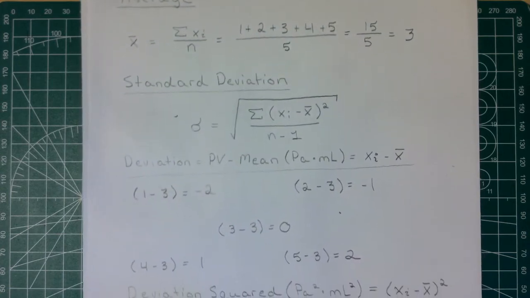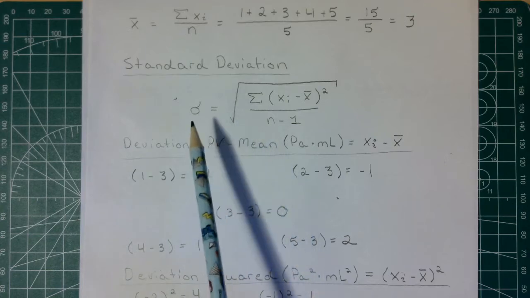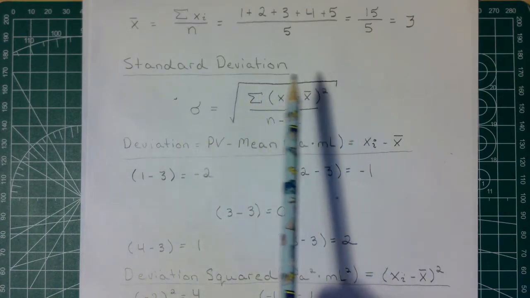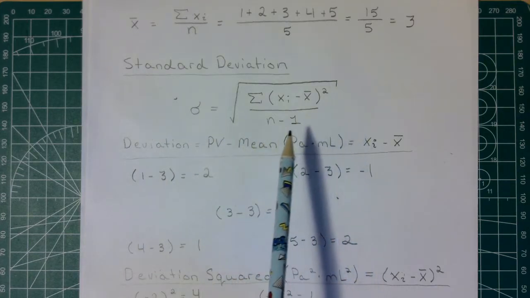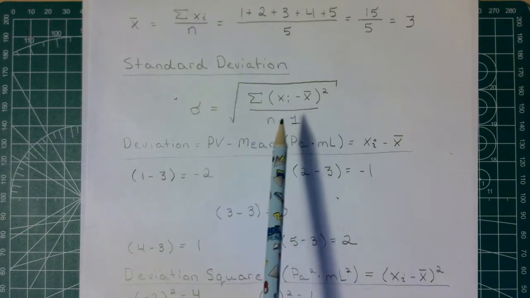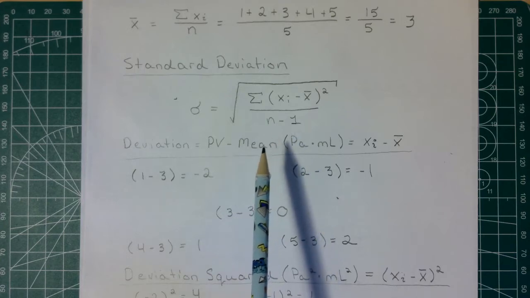Next, if we take a look at the standard deviation, we see this icky looking little formula right here that seems pretty intimidating at first. But so long as we just break it down and go through the order of operations, it's really not that bad. And that's what this lab is really designed to do.